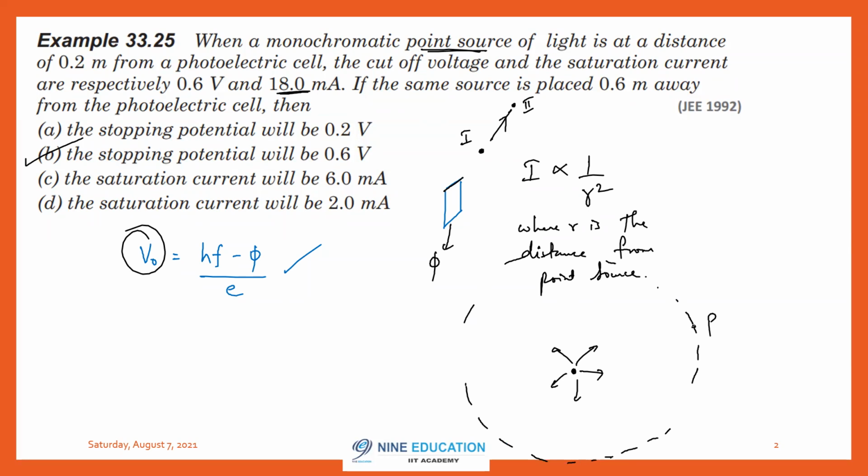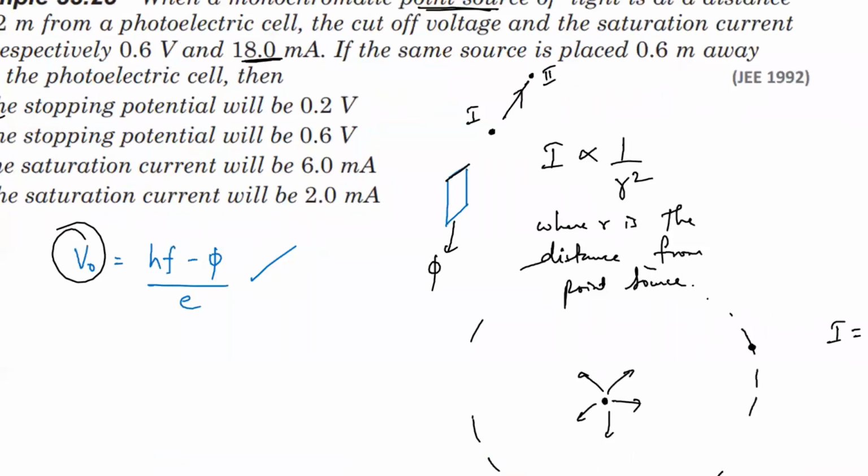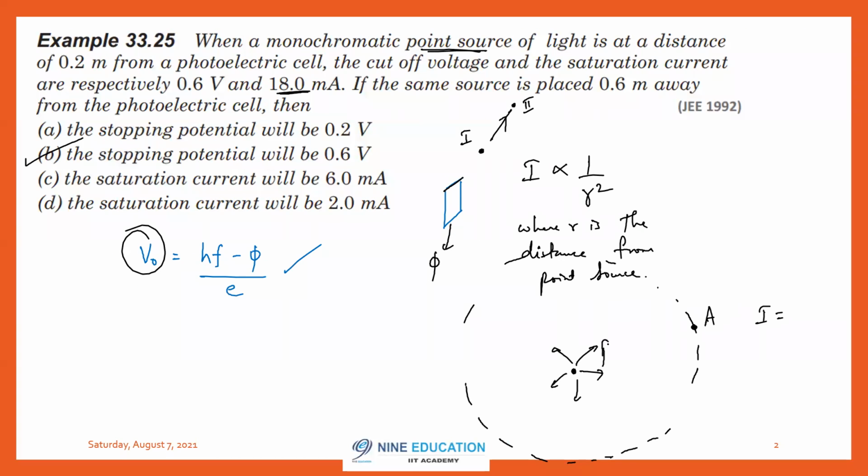How do you find the intensity at point P? Intensity is equal to power by area. What is the surface area of this sphere? 4 pi r square. So intensity is inversely proportional to r square. From that you got this. Since it is a point source, intensity is inversely proportional to r square.